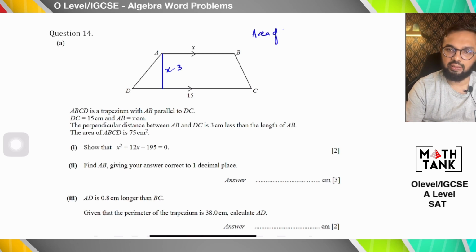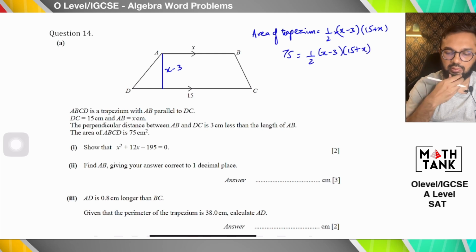Area of a trapezium is half height into the sum of parallel sides, 15 plus x. So 150, and then cross, and then expansion.